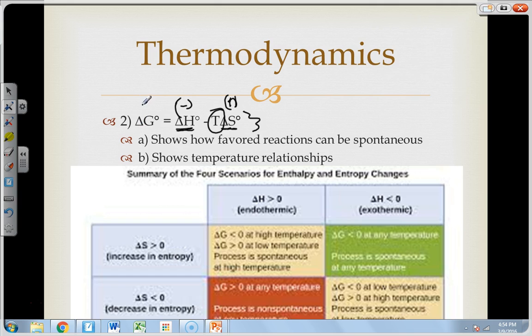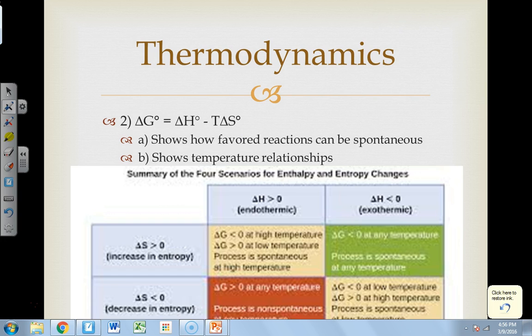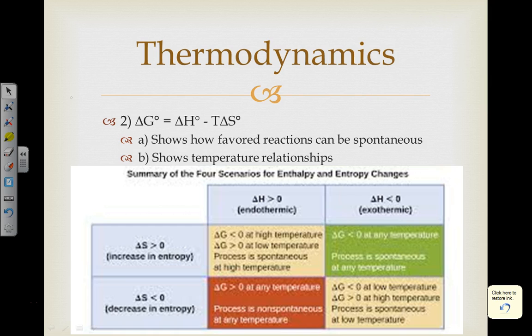It's an even more negative number, and so no matter what the temperature is, if you have a negative delta H and a positive delta S, it's going to be spontaneous at all temperatures. So this shows that if delta S is positive and delta H is negative, the process is spontaneous at any temperature.